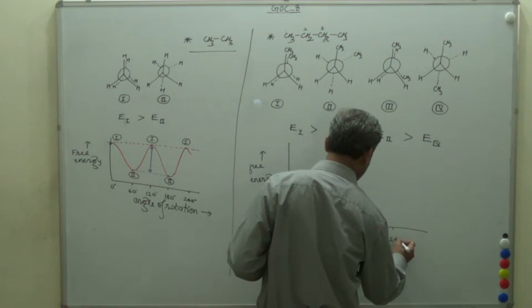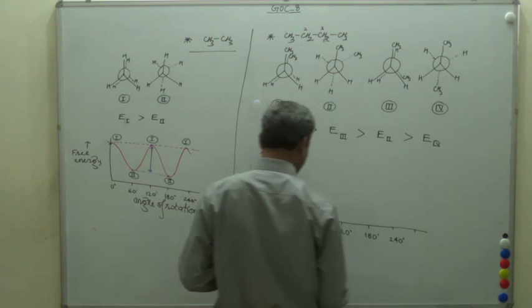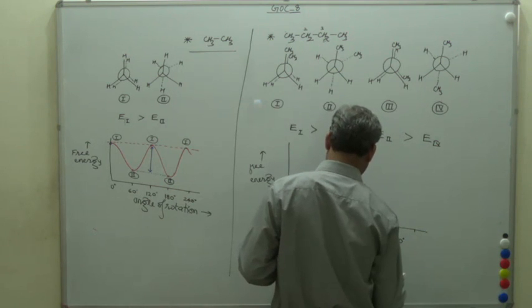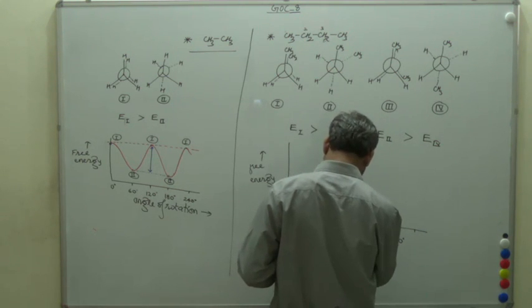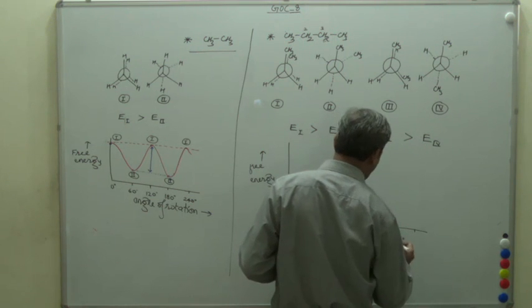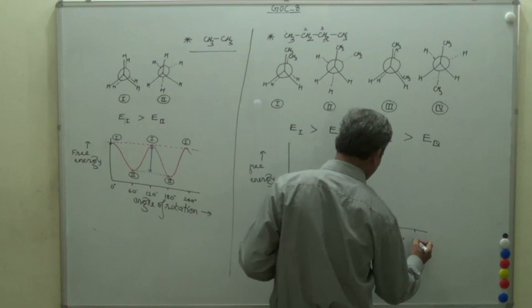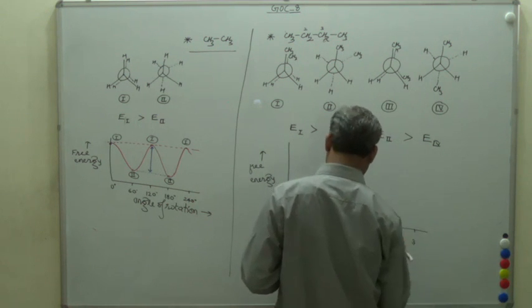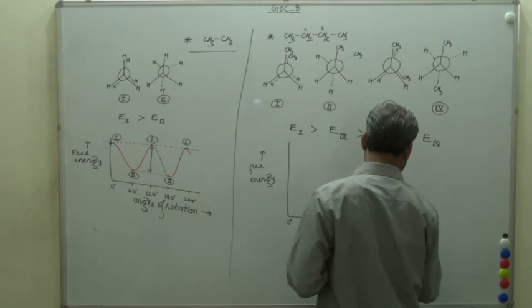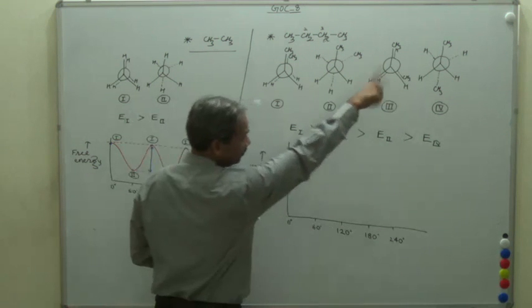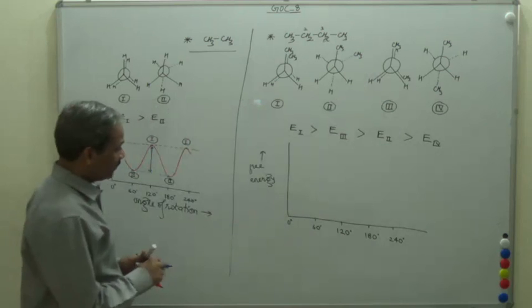And again you will notice there will be a 240-degree dihedral angle, then again we rotate by 60 degrees to get another angle. I just want to draw till the 180-degree dihedral angle because we have taken only 4 conformeric structures.